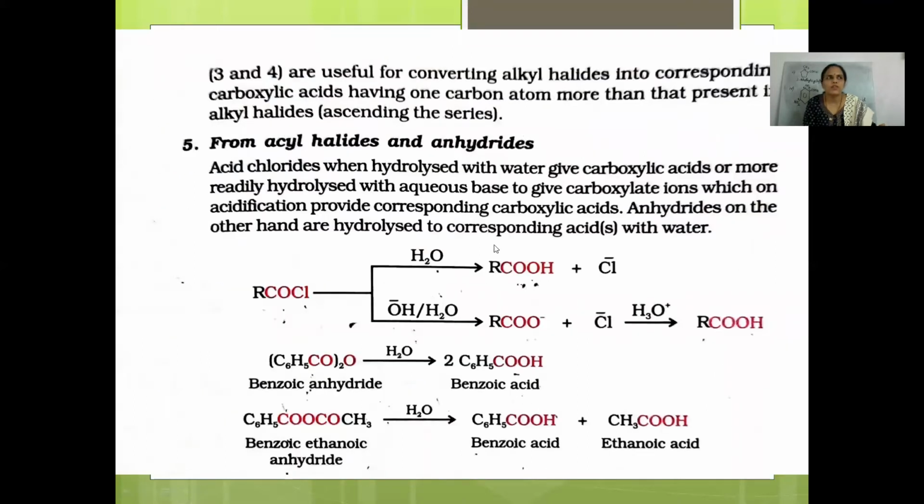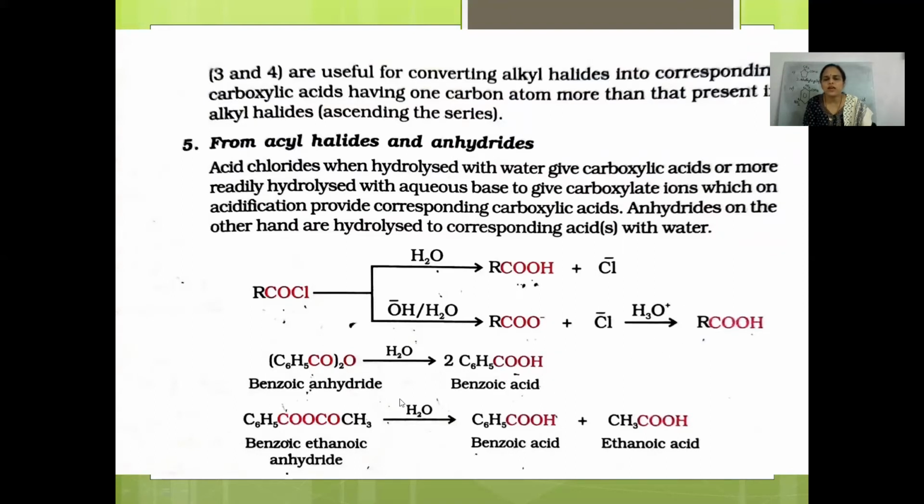Next method of preparation is from acyl halides and anhydrides. Acyl halide, that is RCOCl, undergoes hydrolysis on treatment with H2O or OH-. It results in giving you RCOOH plus Cl-. Or when you treat it with the base OH- in presence of water, it gives an anion RCOO- plus Cl-, which undergoes hydrolysis and forms RCOOH.